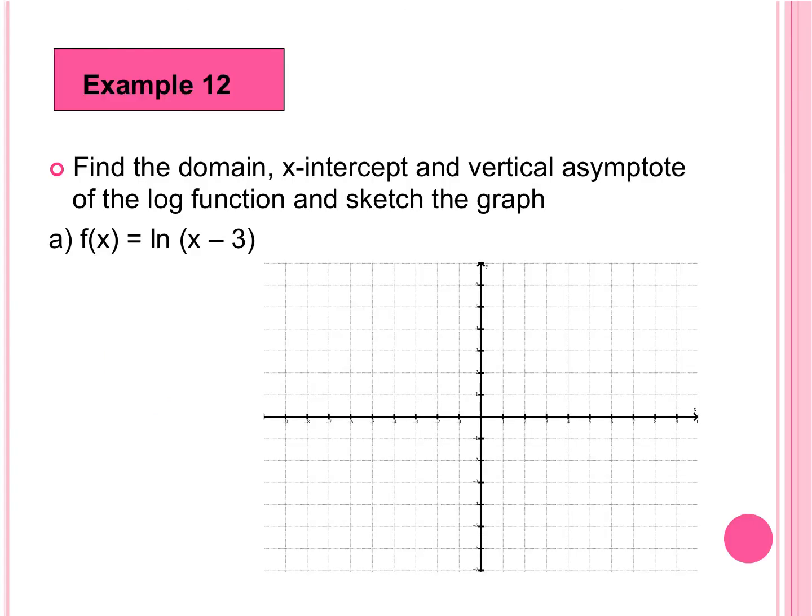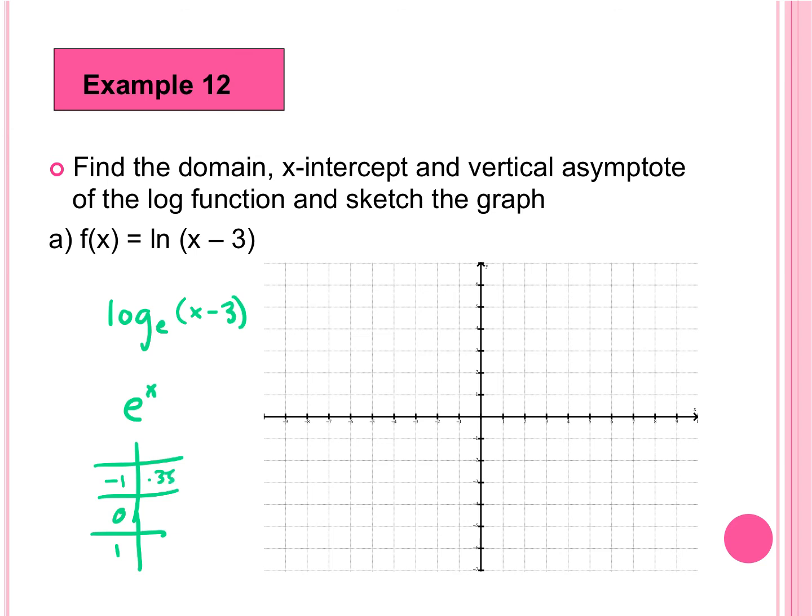So here we have the ln graph. ln is the same thing as our log. It's log base e of x minus 3. If I were to graph first e to the power of x, I would get, let's say I plugged in -1, 0, and 1, just like I did before. I would get -1, 0.37.